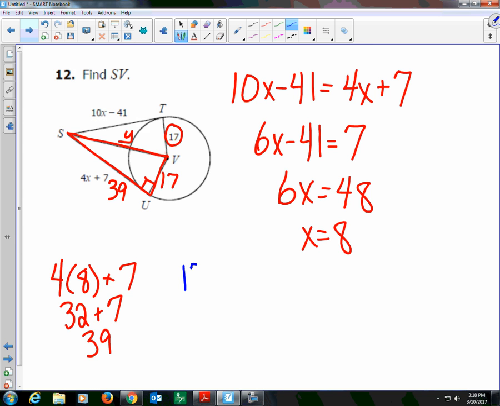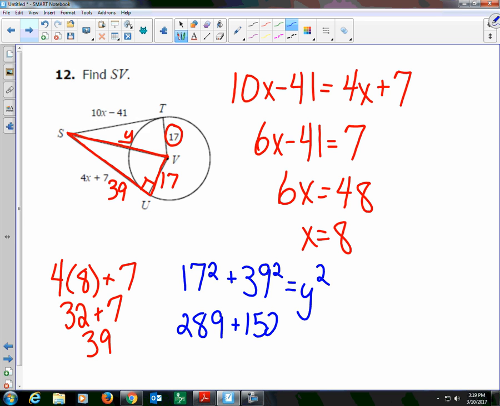So I have 17 squared plus 39 squared. It's going to equal y squared, which is my whole hypotenuse, the whole distance there. 17 squared is 289. 39 squared is 1,521.